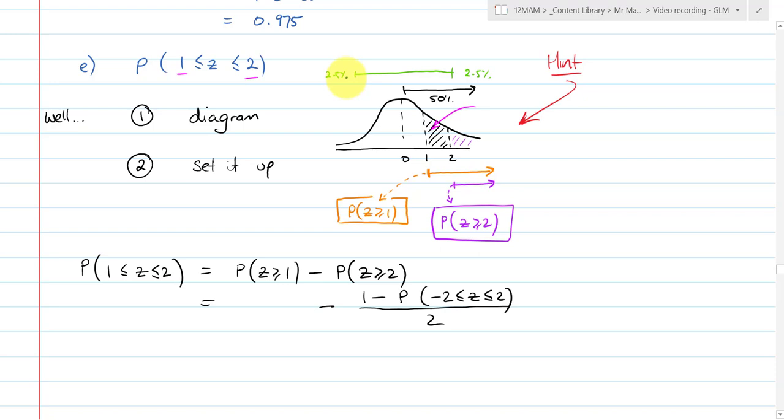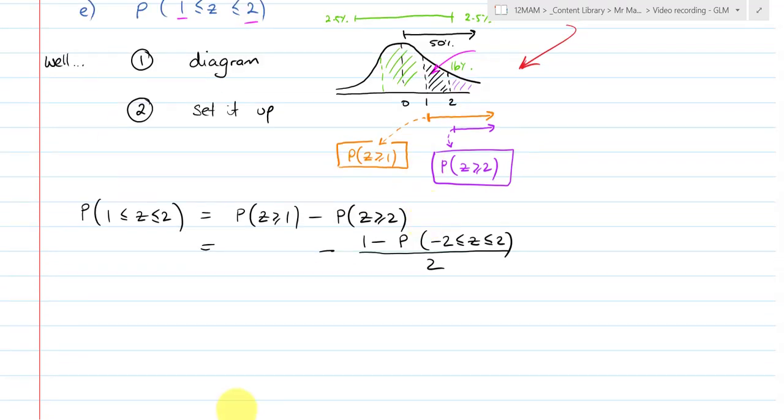Now we're going to do the same thing with the 1. In the 1 case, 68% of the data lies there, leaving us with 32% left over, so this will be 16% here. So I'll just write that up though. This is equal to 1 minus the probability that Z is between -1 and 1 over 2.